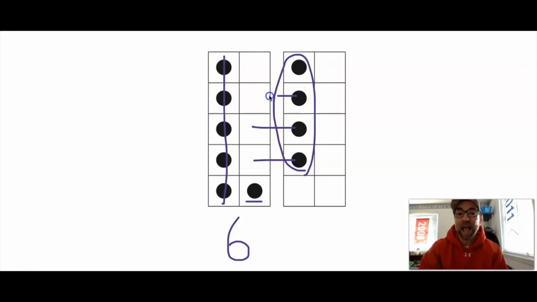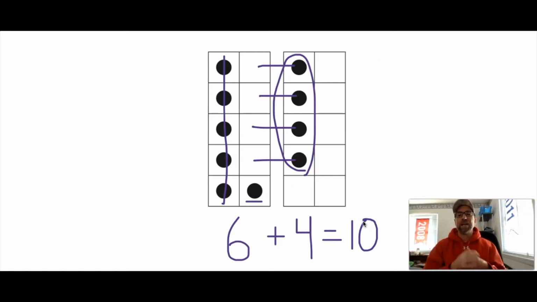They can slide right over and fill up my 10 frame. So 6 plus 4 equals 10. Wow. I wonder what kind of number models we've been writing. 6 plus 4, 5 plus 5. They're all our friends of 10.